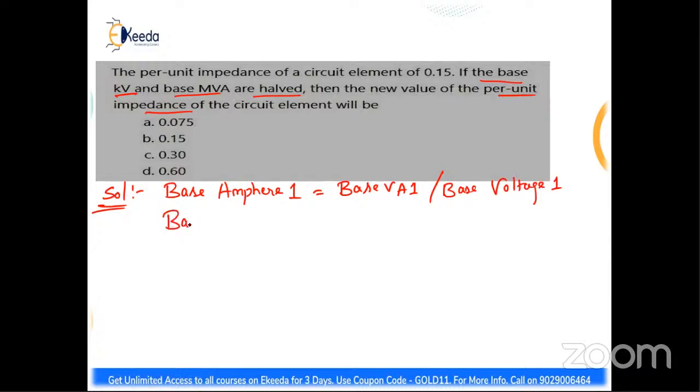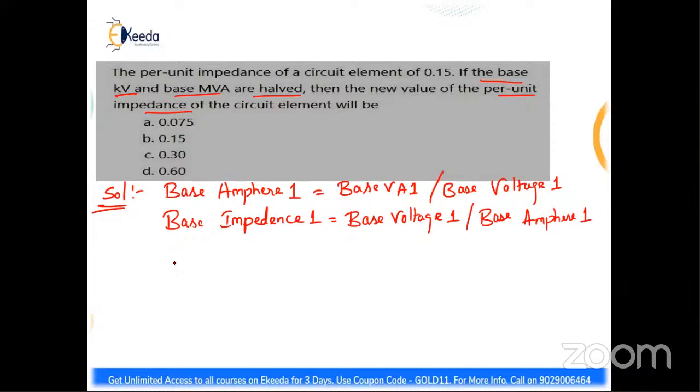And whereas base impedance 1 is equals to base voltage 1 divided by base ampere 1.